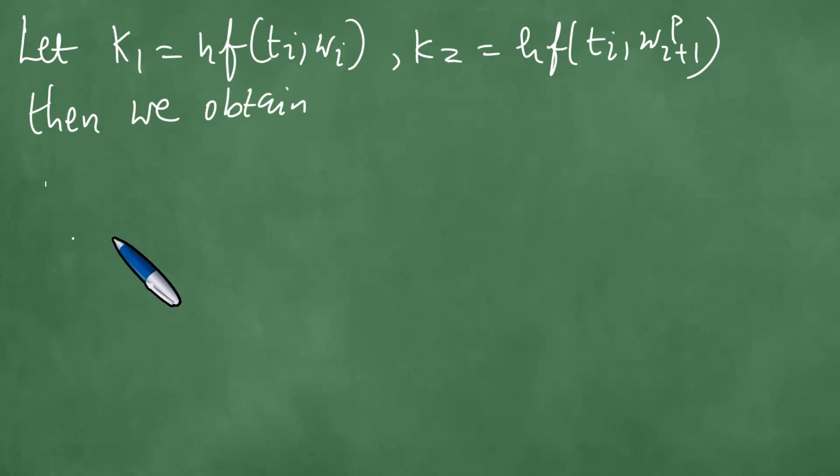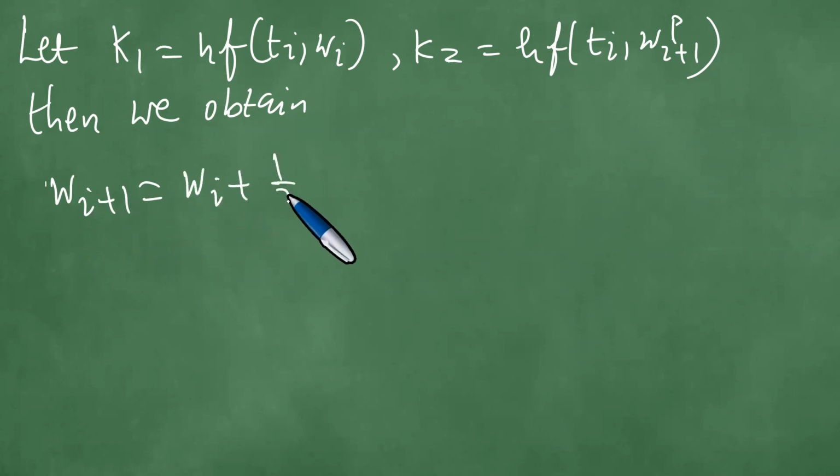So we obtain that Wi plus 1 can be written as Wi plus half of K1 plus K2, and this becomes Runge-Kutta.